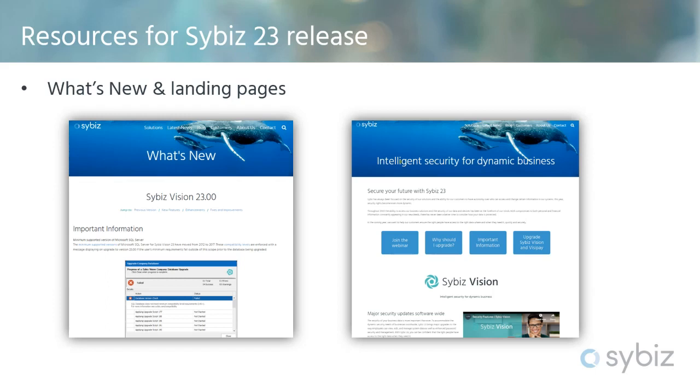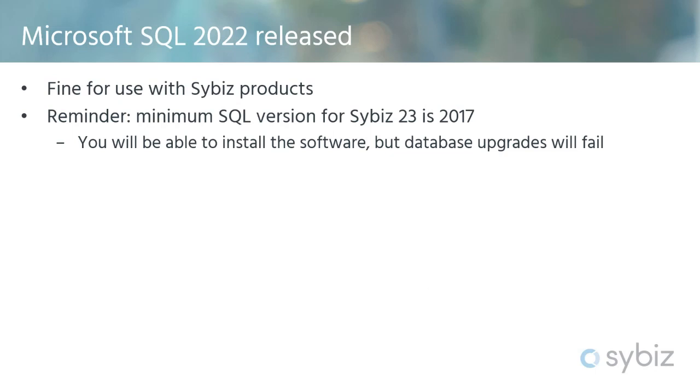That's precisely how you get it in Visipay as well, as we don't have the web viewer within Visipay. There are also specific pages on our website, so don't worry too much about navigating to that page. You can just use a Google search for Sybiz 23, and it'll come up. From there you can navigate into the other resources associated with this particular release.